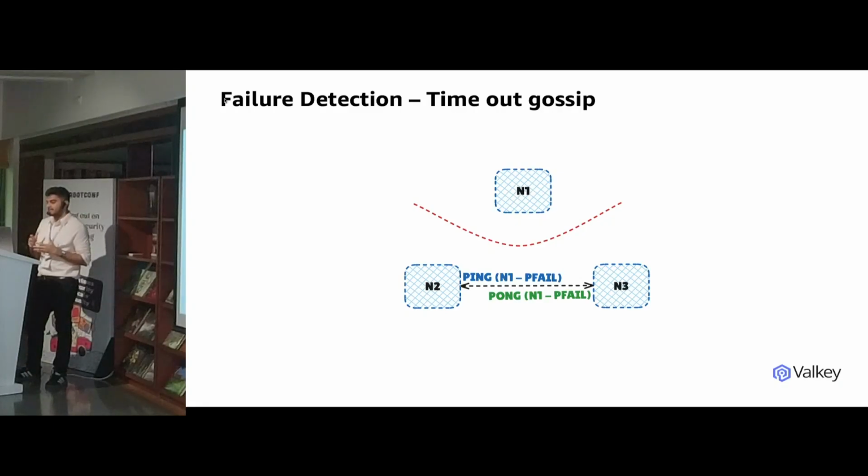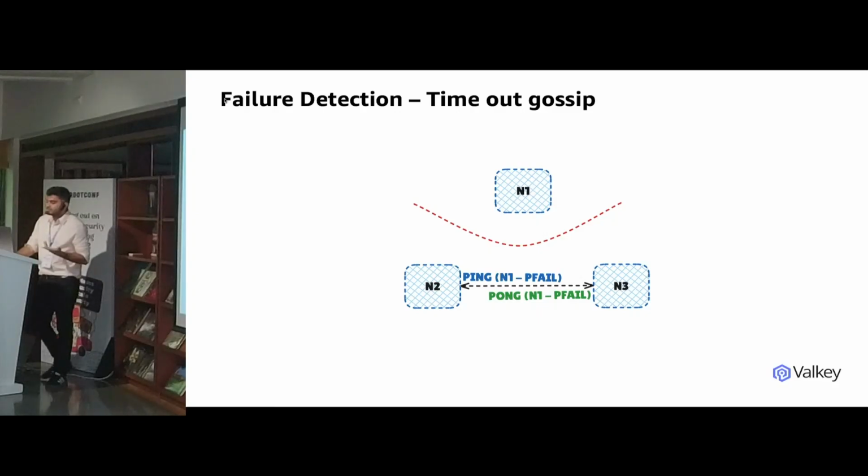So N2 and N3 do not have any active link. So N2 and N3 would talk with each other and share their view that, hey, I see that node N1 is partially failed as per my view. Similarly, N3 would send a pong back and say that I also have the same view, that N1 is no longer reachable.